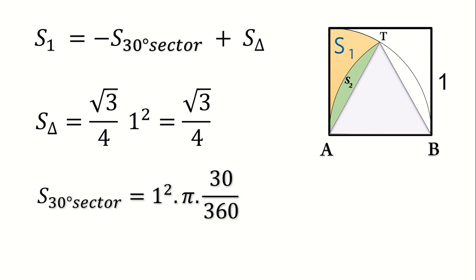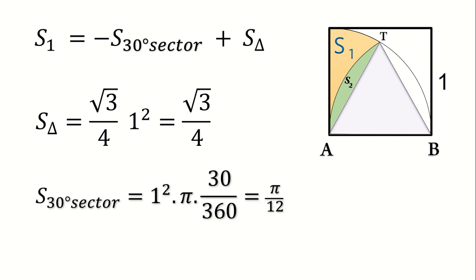The factor is given by 30 degrees divided by the whole degrees of the circle. So here we have 1 squared times pi times 30 divided by 360. So the S of 30 degrees sector is equal to pi over 12.